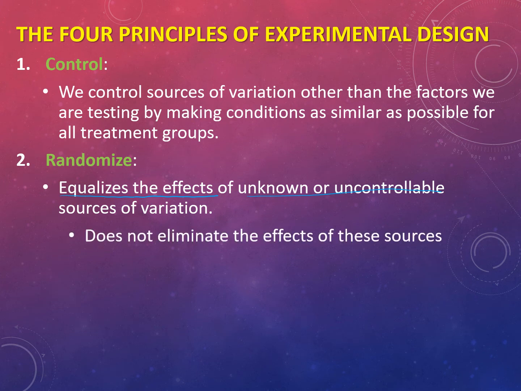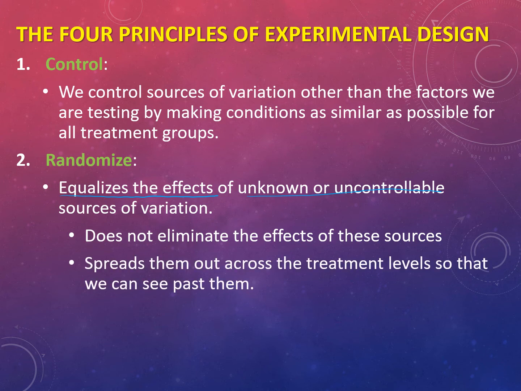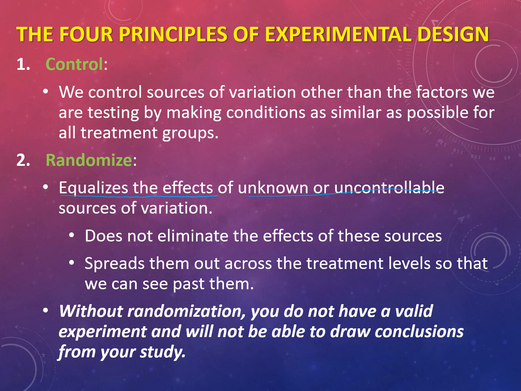Now the problem is it doesn't completely eliminate those sources, but over time, it should spread those differences out so that we're not blinded by them when we're trying to figure out what the outcome is. We control what we can, we randomize to take care of the things that we can't control, and without randomization, you absolutely cannot make any type of conclusions.